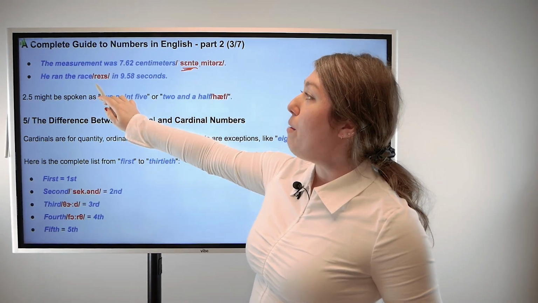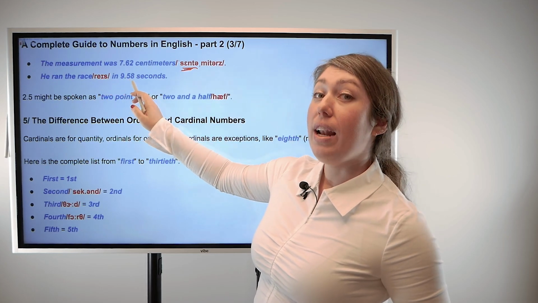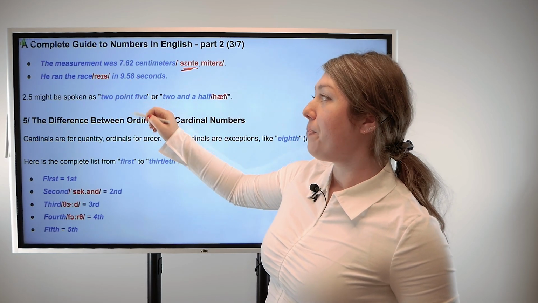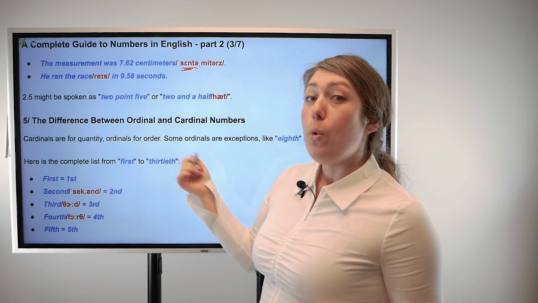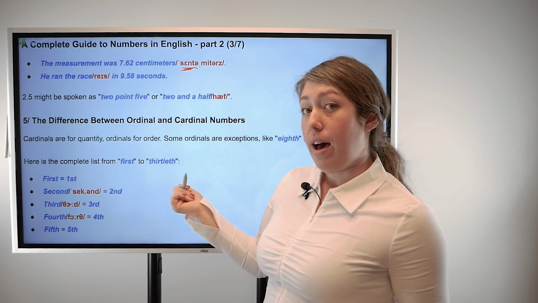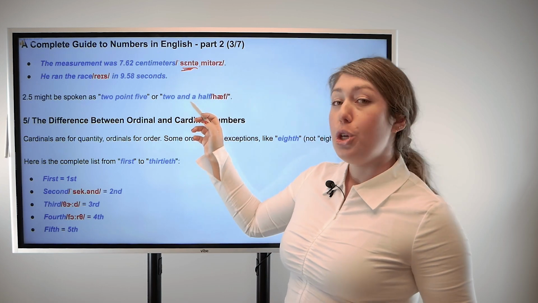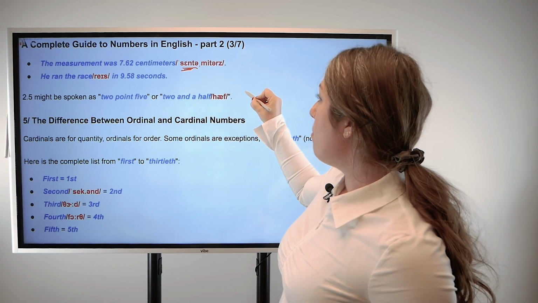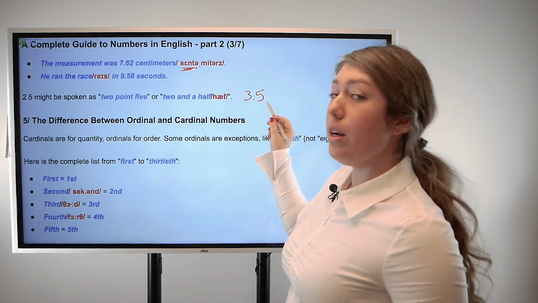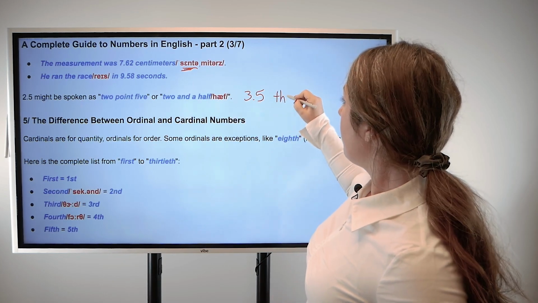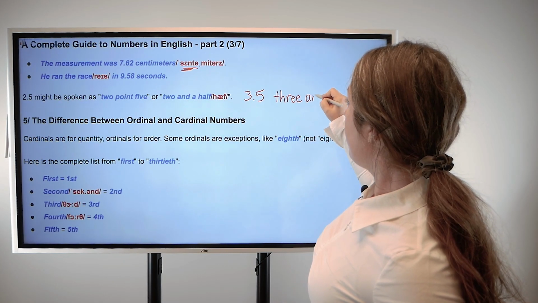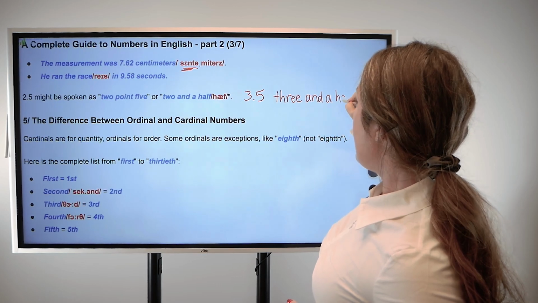Or, he ran the race in 9.58 seconds. Now, for numbers like 2.5, we might say it like that, or we can say it another way. For example, we can say this number like 3.5 or 3.5.